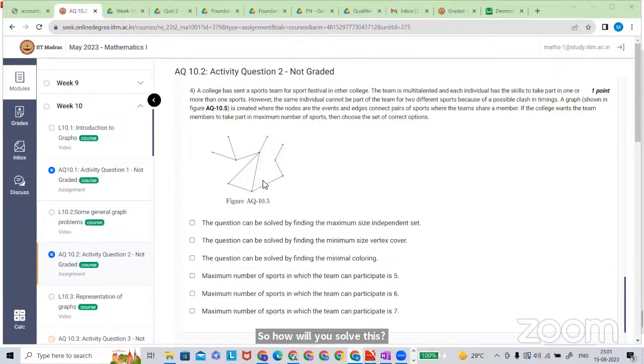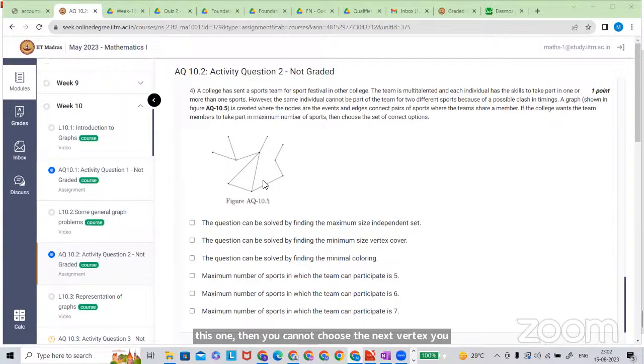The options are maximum independent set, minimum size vertex cover, or minimal coloring. The word is already included. You can see that the maximum independent set is for non-connecting vertices. Once you choose this one, then you cannot choose the next adjacent vertex. You can choose this one.